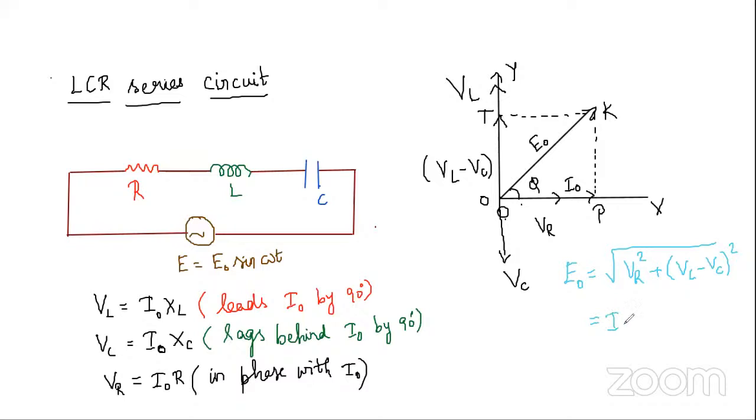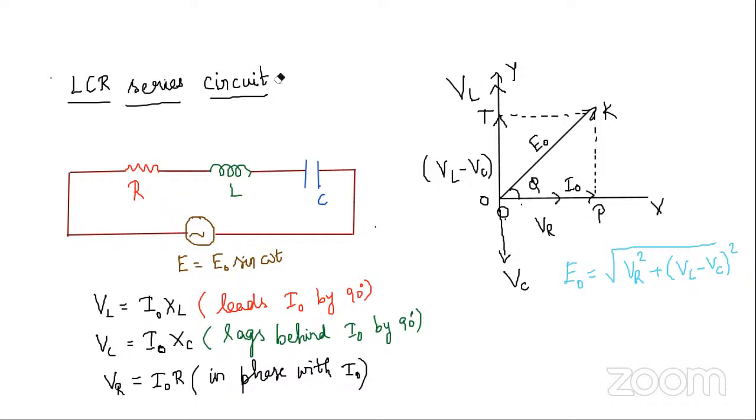So that will be I naught into square root of R square plus XL minus XC the whole square. I think I can write it again here so that it is clearly visible. I may use a different color also.